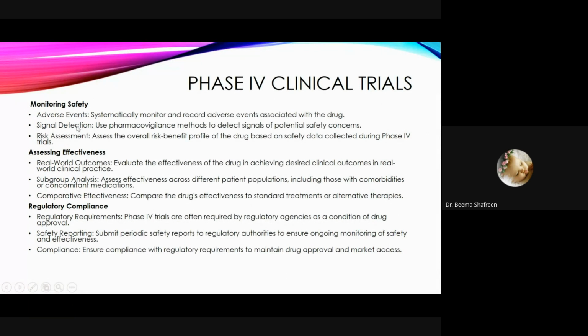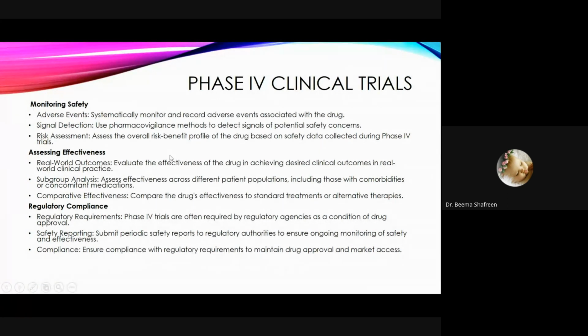And this stage is called the pharmacovigilance method, where signals of potential safety concerns will be detected. So after the risk-benefit profile is assessed, the data is then given for the Phase 4 trials.